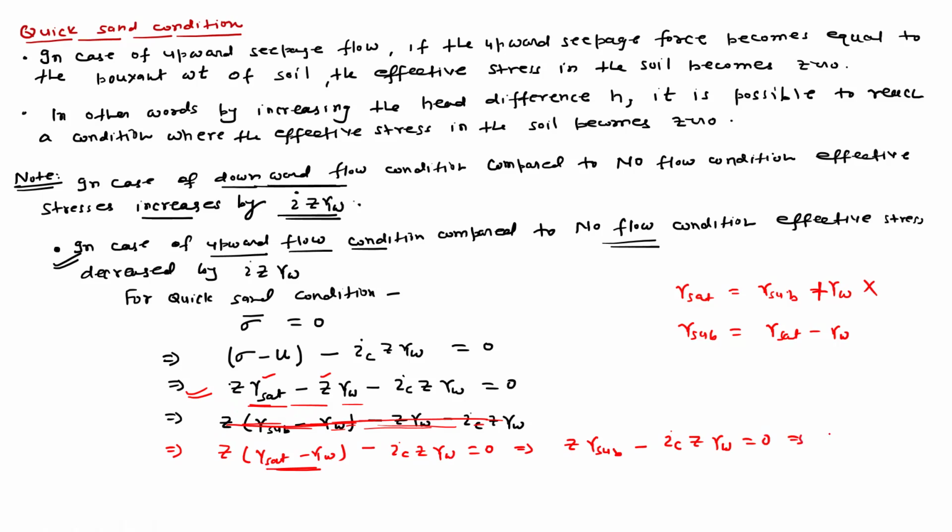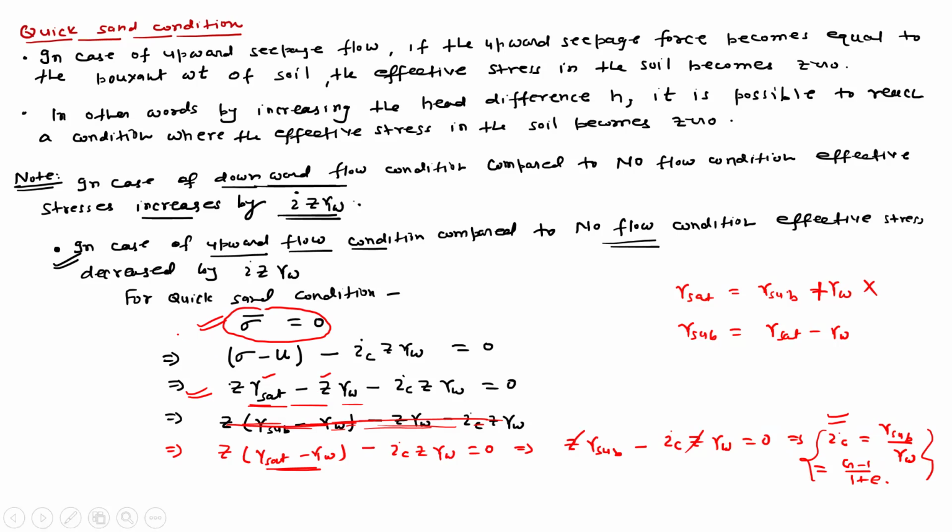So from here IC is equal to what? z gets cancelled out. So that is gamma submerged by gamma w. And when you calculate this, you will find G minus 1 divided by 1 plus e. So this is a very important formula, and this comes under the condition when effective stress becomes 0, and the soil looks like boiling. Okay, and this is called quicksand condition.